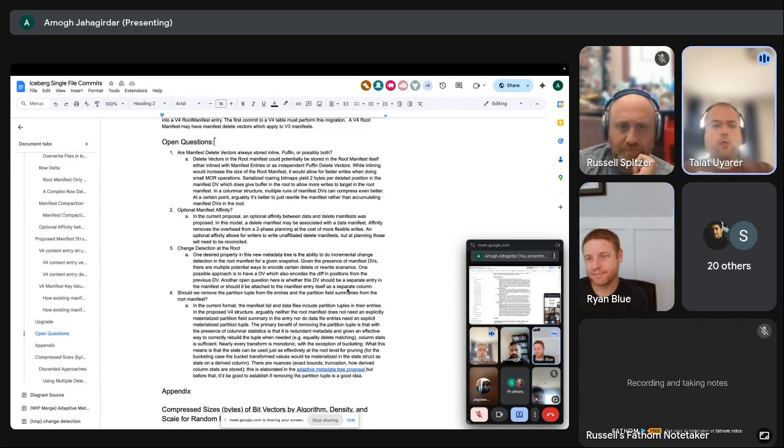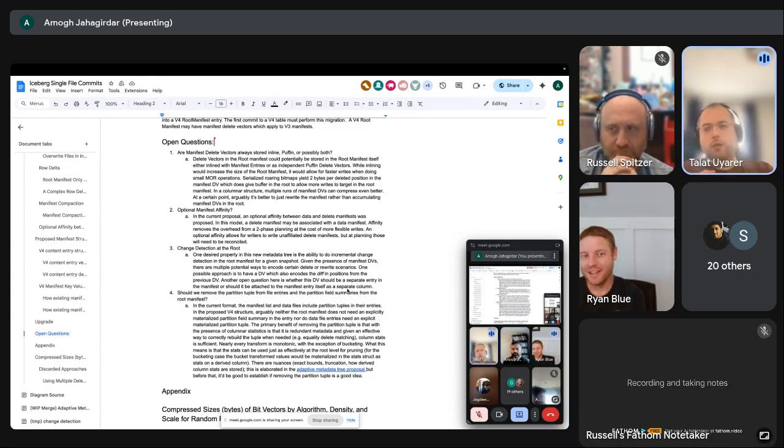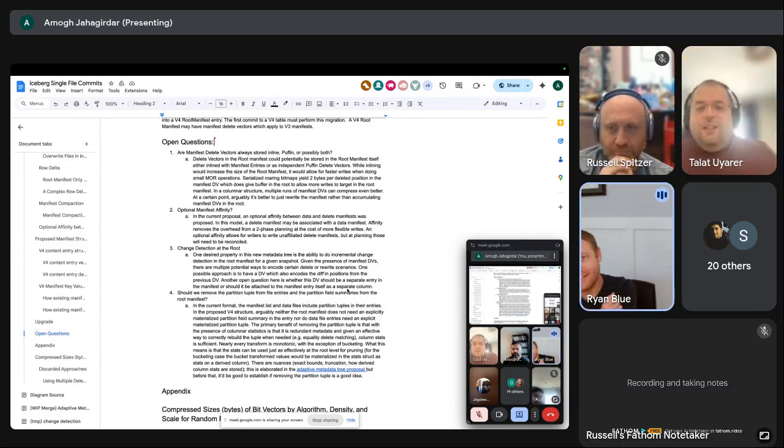For V4, do you think we should work on the spec change to solve this issue also? So the biggest question with equality deletes is if we are going to replace them, what are we replacing them with? I see. Yeah, we don't know yet, and that really would delay things to figure it out.